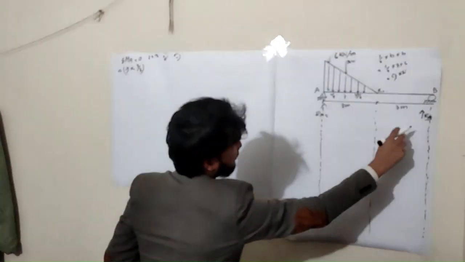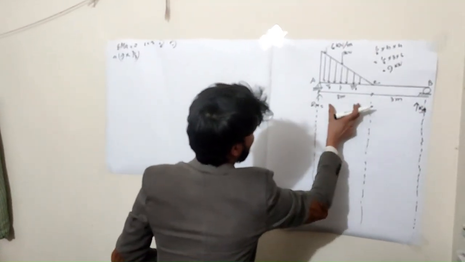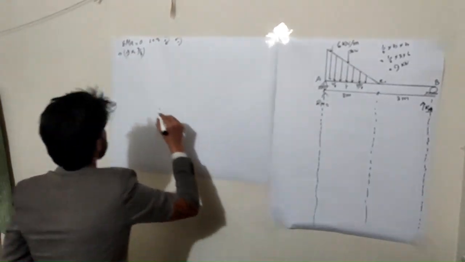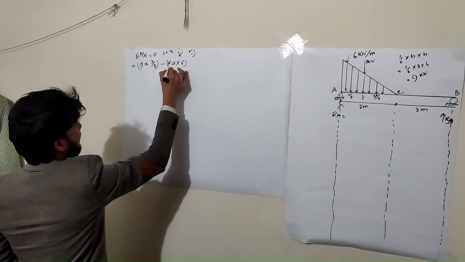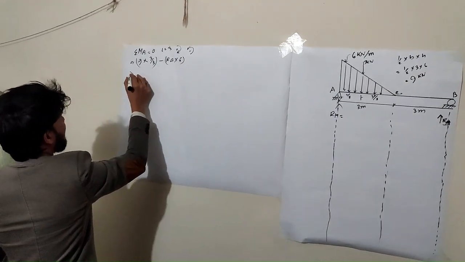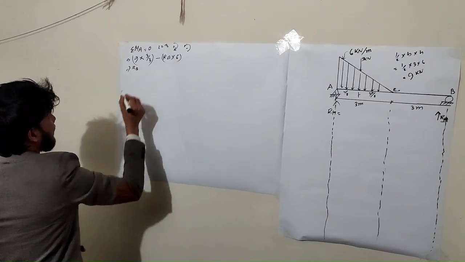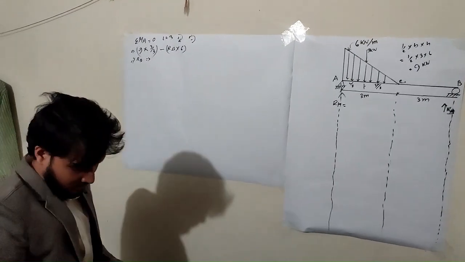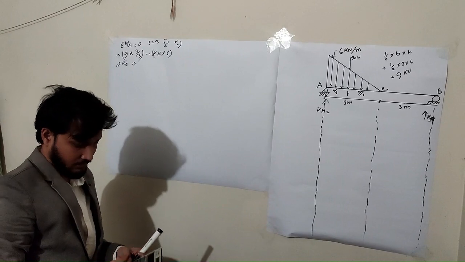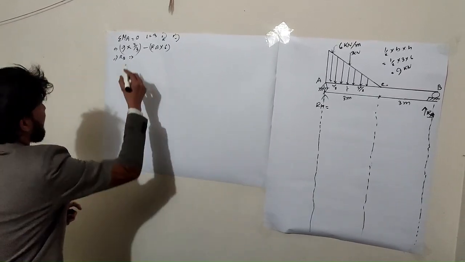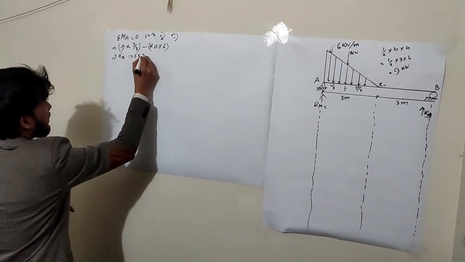So the reaction RB into 3 plus 3, 6. RB into 6 minus 9 into 3 equals 0. So we find RB here, 1.5 kilonewton.